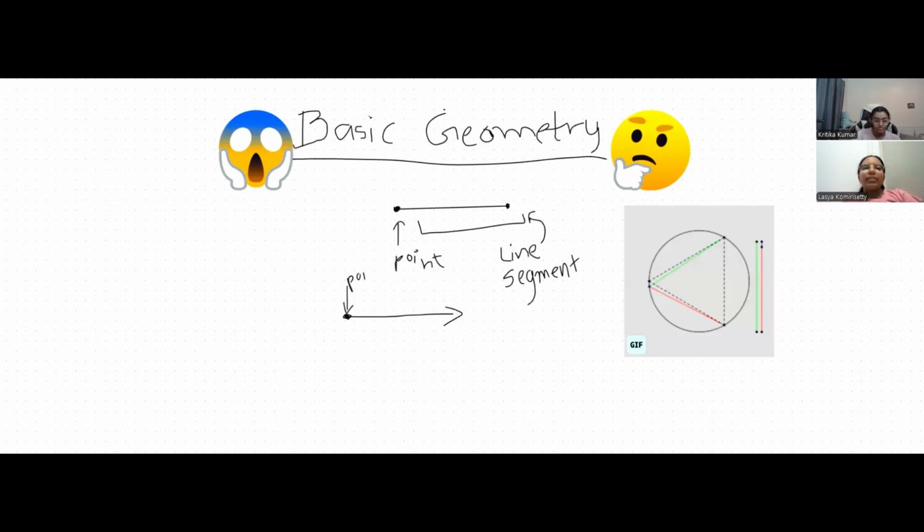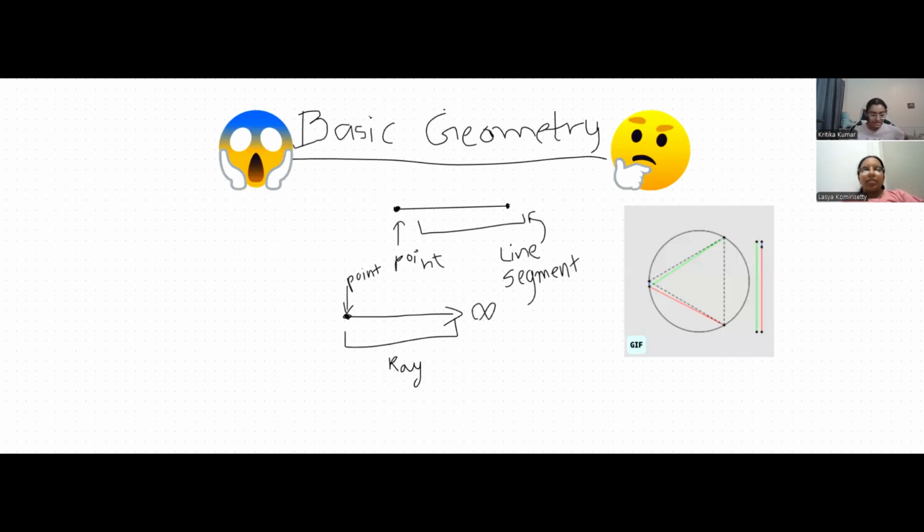So in this case, this is called a ray. This is when you have a point on one side and the other side is infinity, so it's not defined. While the line segment has points on both sides. That's the difference between a line segment and a ray.